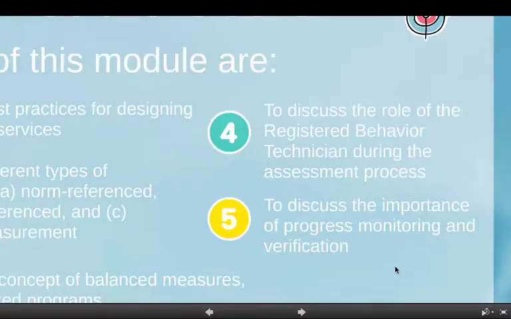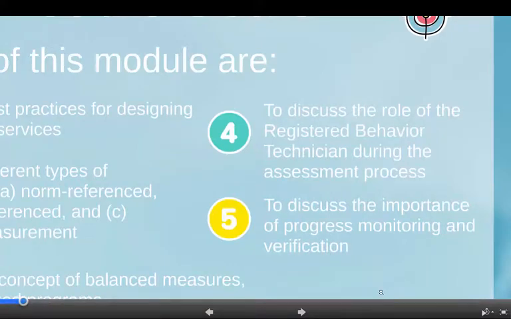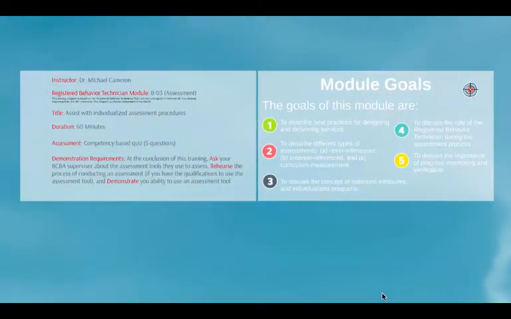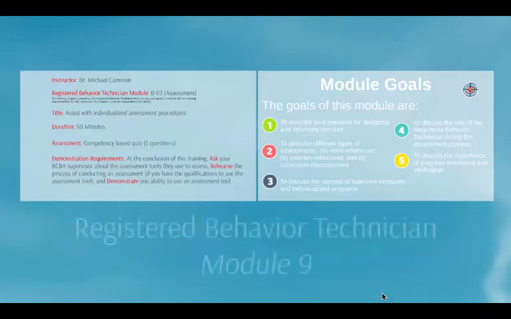The fourth goal is to discuss the role of the registered behavior technician, that's you, during the process of assessment, and you will play a very important role in the entire process. And then finally, the 5th goal is to discuss the importance of progress monitoring and progress verification as well. So those are our 5 goals for module number 9, Registered Behavior Technician Task List Item B03.